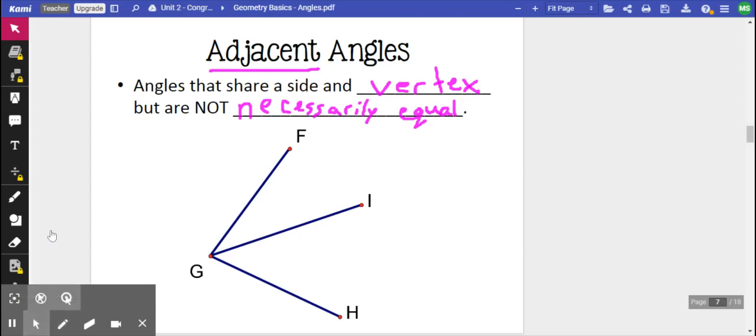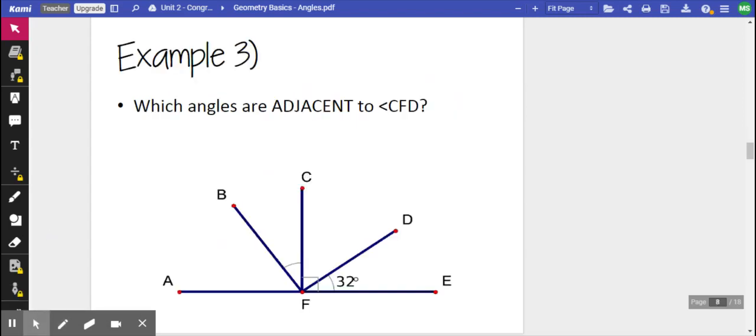So let's go ahead and continue on here. Which angles are adjacent or next to angle CFD? So we're just going to mark all the ones that are next to it. So this angle right here is the angle they're talking about, CFD.